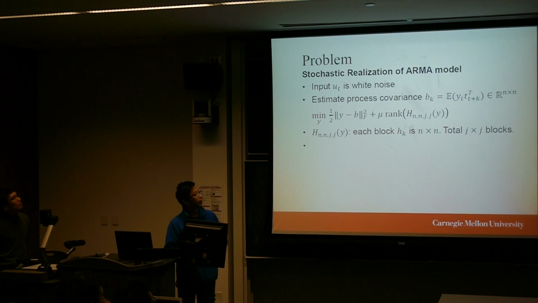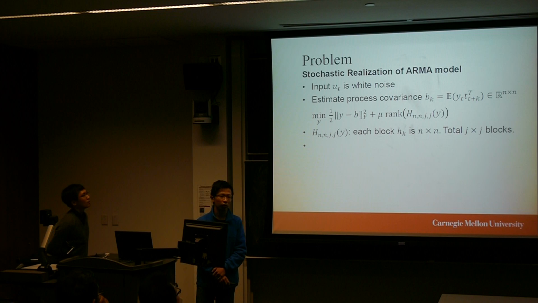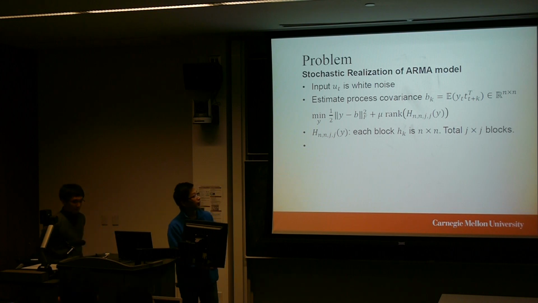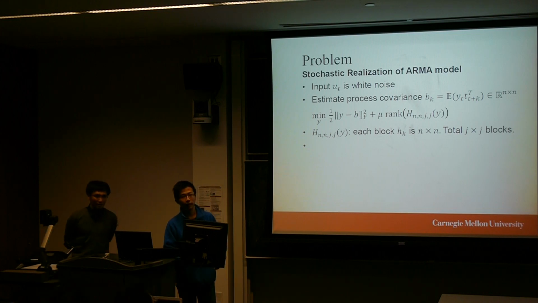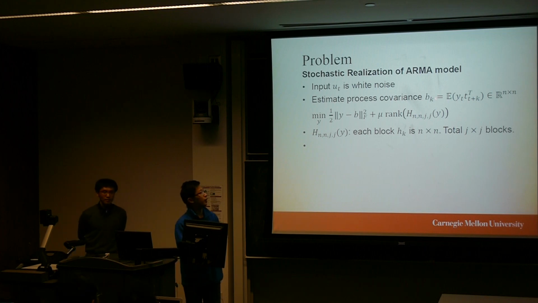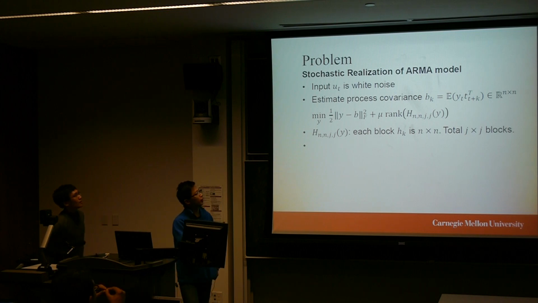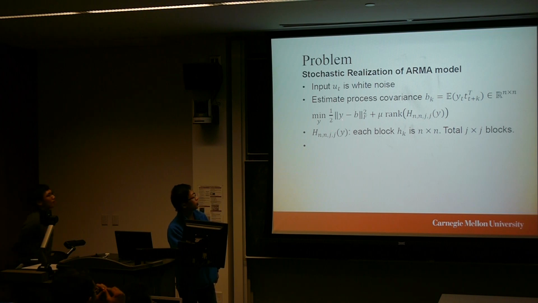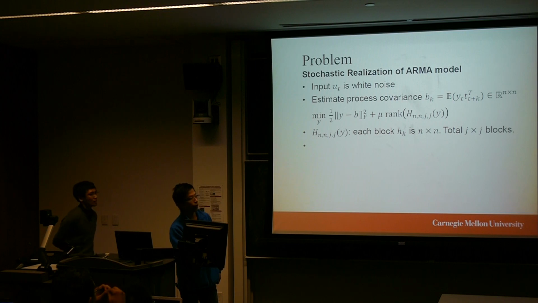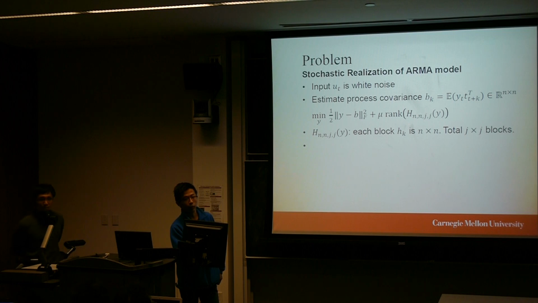The first problem we're considering is called stochastic realization of an autoregressive moving average model. In this case, the input is just white noise, and the given signal is not the output, but what we call the process covariance of the output. We can form an optimization problem like this. Here we want the variable to be as close as possible to our observed process covariance, and we want to minimize the rank of the matrix so that we can minimize the system order.